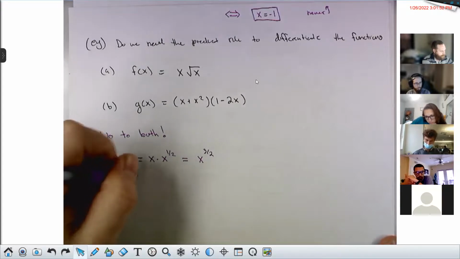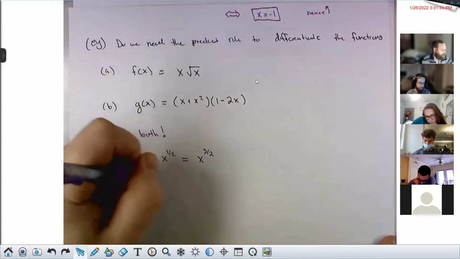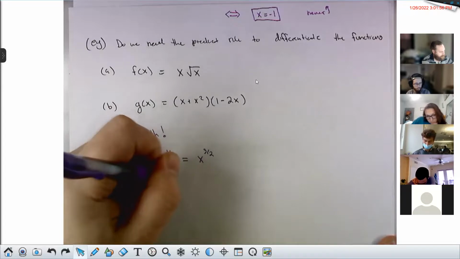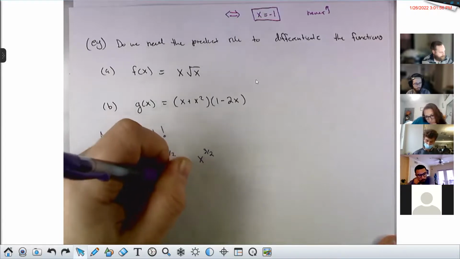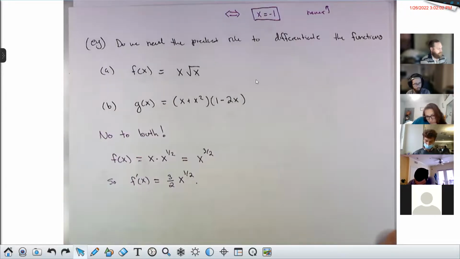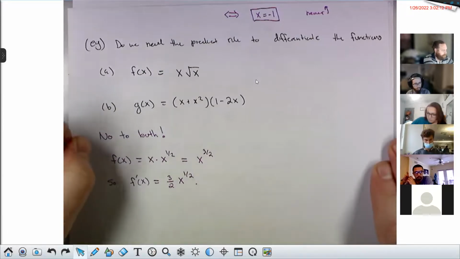So f prime can be computed using the power rule as 3/2 times x to the 3/2 minus 1, which is 1/2. Totally valid and way faster. That's part A.